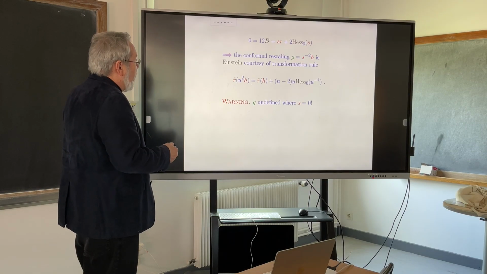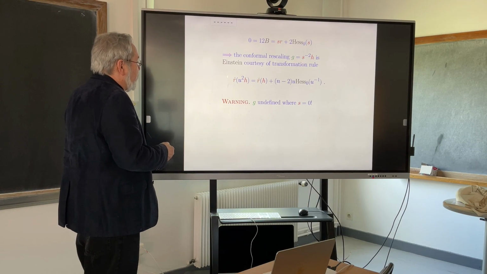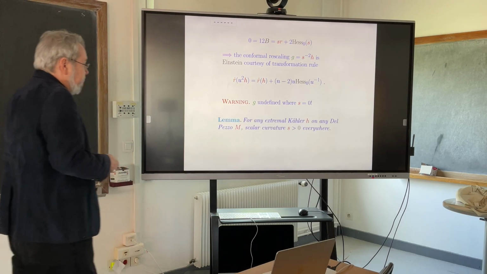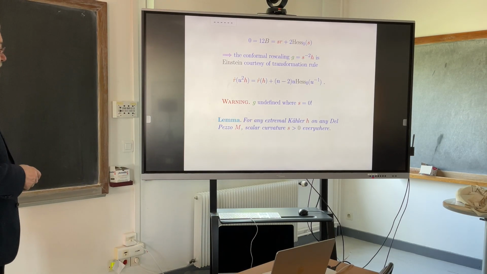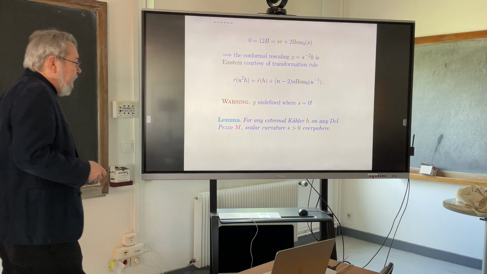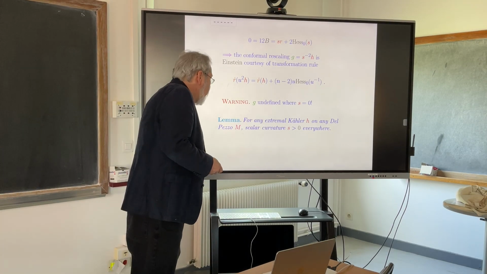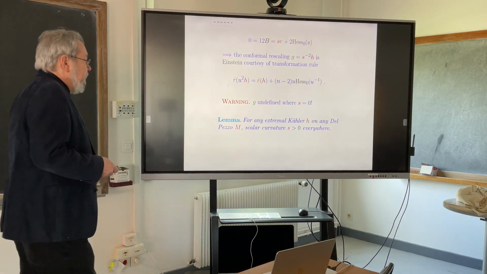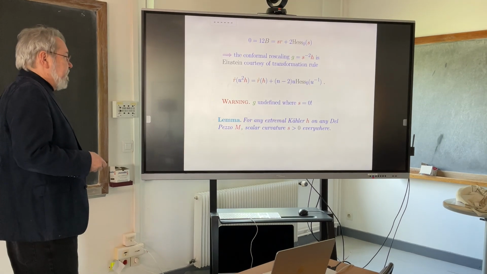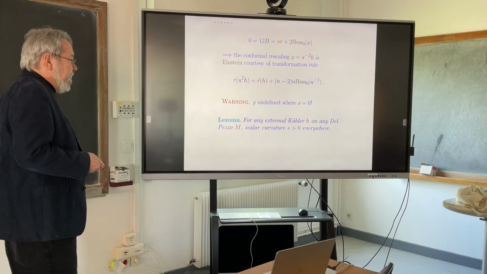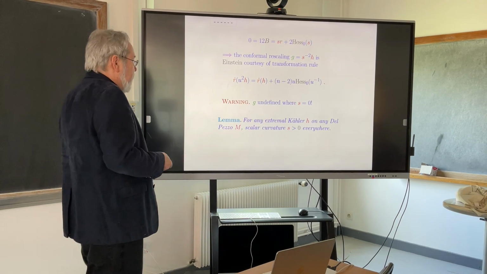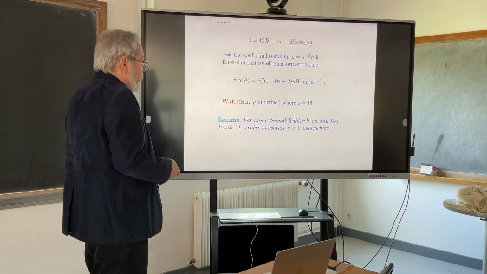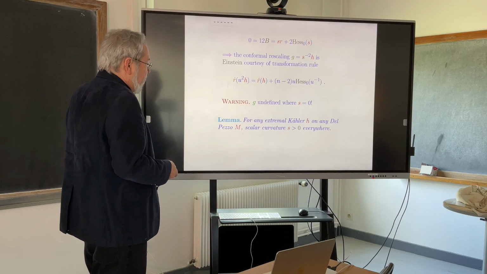But if the Bach tensor vanishes, then you deduce that the trace-free Ricci tensor of this new metric is 0. It's actually an Einstein metric. So if you have an extremal Kähler metric on a Del Pezzo surface, it turns out that it does necessarily have a positive scalar curvature everywhere, and that's a complicated calculation, but it's a general fact about extremal Kähler metrics on these Del Pezzo surfaces.